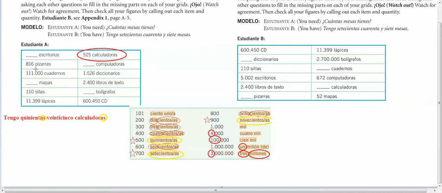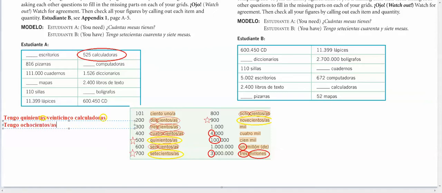So here I have 816 pizarras. I would do the same thing. Okay. Tengo 800, which would be the same, or 800 pizarras.